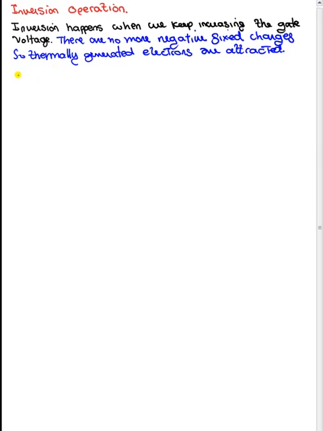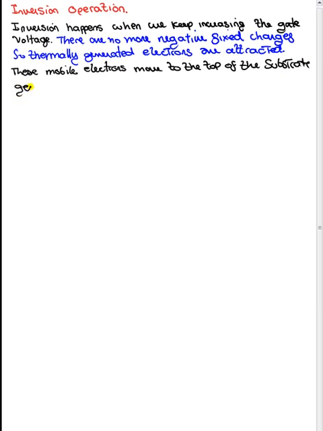Now these mobile electrons move to the top of the substrate, generating a layer of n-doped silicon, and thus the term inversion.